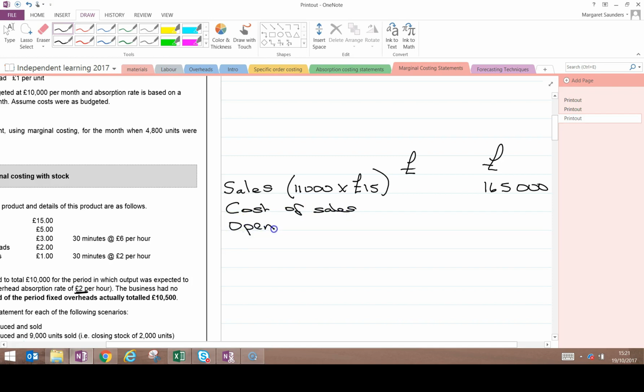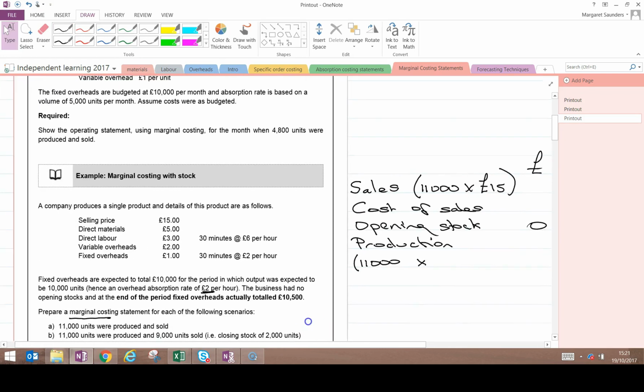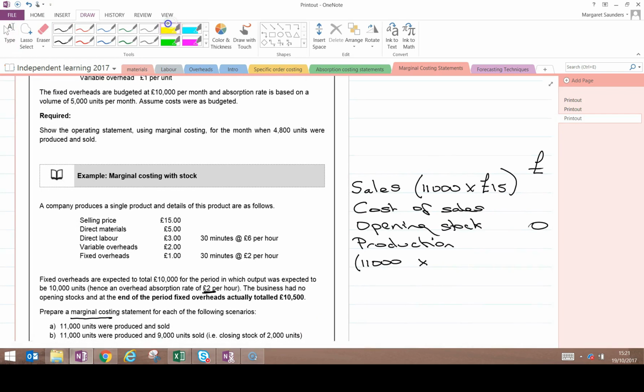Opening stock is 0. Then we add production. We produced 11,000 units, and the production cost is the variable cost. If we look back at the example, the variable costs are the direct material, the direct labour, and the variable overhead.